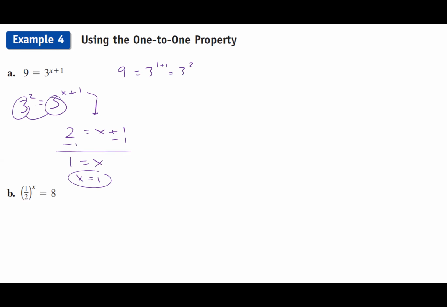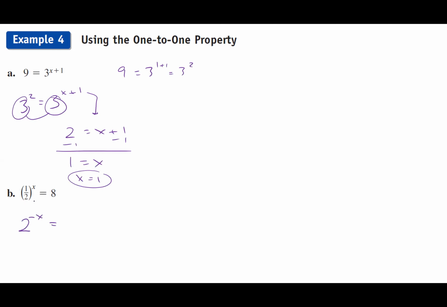And can we? So 1/2 and 8. That's so weird. Okay, how about this, guys? Isn't 1/2 a reciprocal of 2? Is that right? So talk to me, see if this makes sense. 1/2, I'm going to make that into a 2.